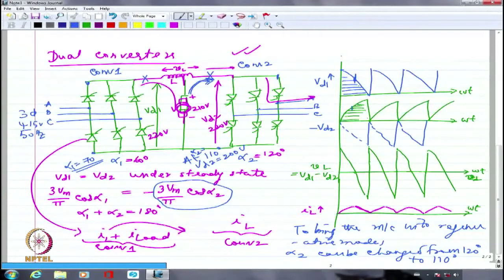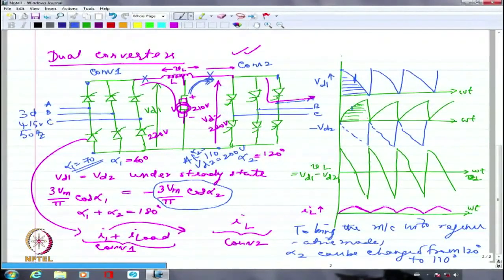So the dual converter gives you the liberty to change over from one mode of machine operation to the other mode without really changing the connections, by just making small modifications in your control. The modification you are making is your firing angle control, nothing else.